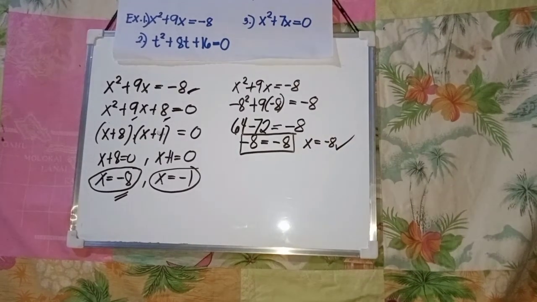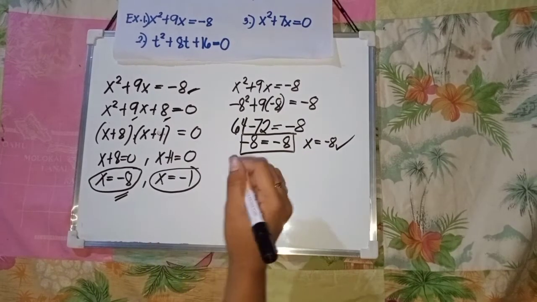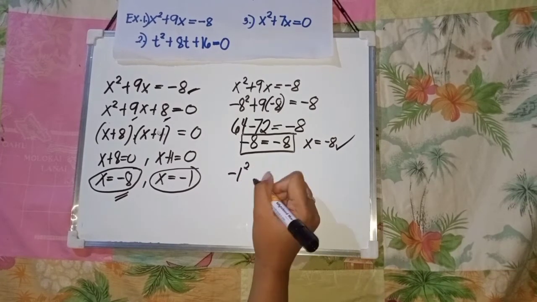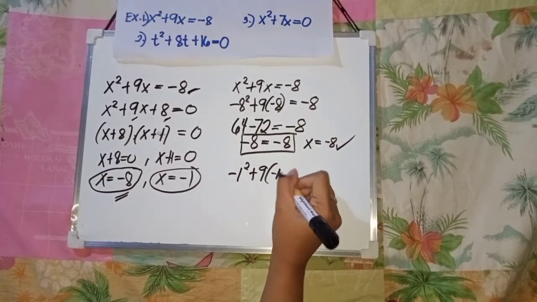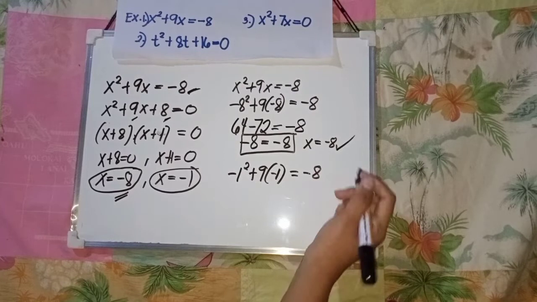Next, we'll use the value of x as negative 1. So, negative 1 squared plus 9 times negative 1 is equal to negative 8.